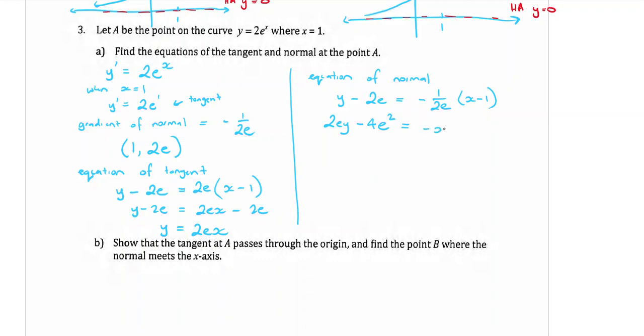So it'll be minus x plus 1. Okay, then general form means I want x first and positive. There's my x term. It's negative, which means this stuff, I'm going to move it to the other side. Have the x term first, y term second, and these two things are constant at the end. Okay, so positive x plus 2ey minus the 4e squared plus 1 equals 0.